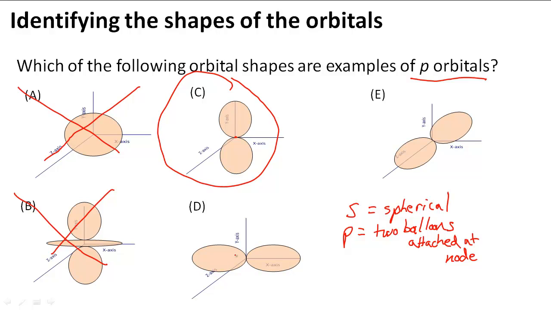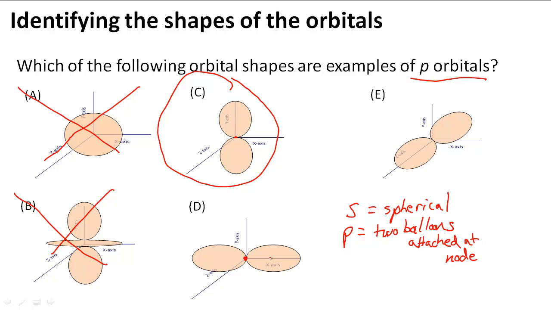However, D also counts as one of my answers because look, it's two balloons shaped here, and it's connected by that node there. It is facing a different direction. It is now across the x-axis, but that's totally fine because this shows us that we have different orientations for p orbitals.